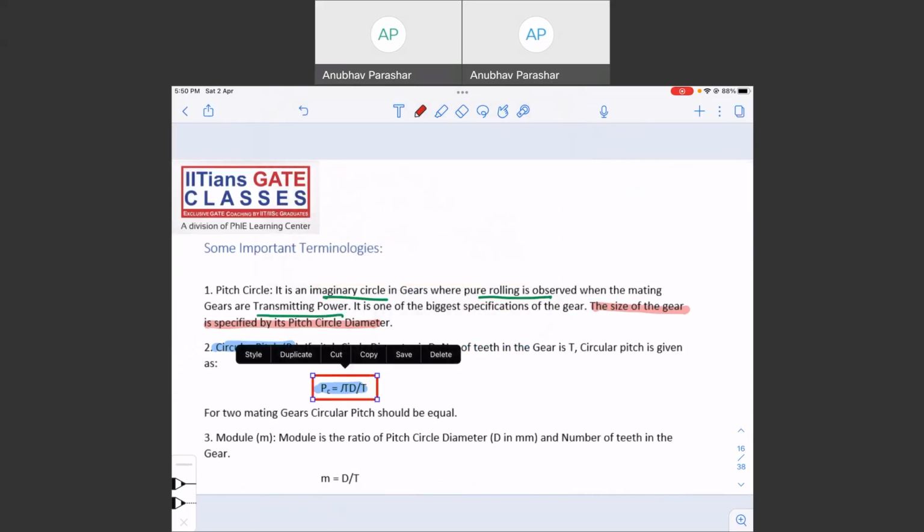Pi d is nothing else but the circumference, so circular pitch is circumference divided by number of teeth.